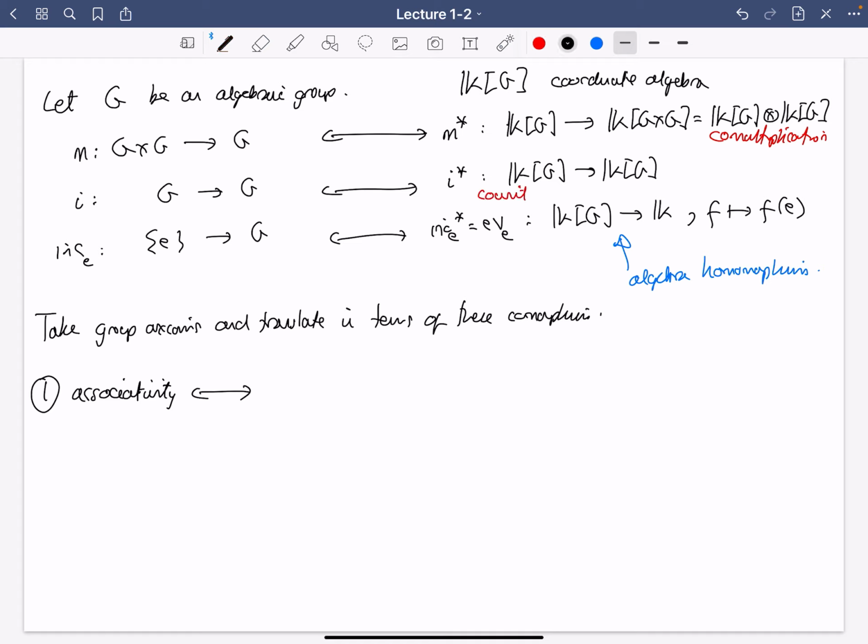So anyway, the associativity of M turns into co-associativity of this co-multiplication, and I'm just going to quickly write that. I'm going to draw it as a diagram, but it's easy to see that this is what's going on.